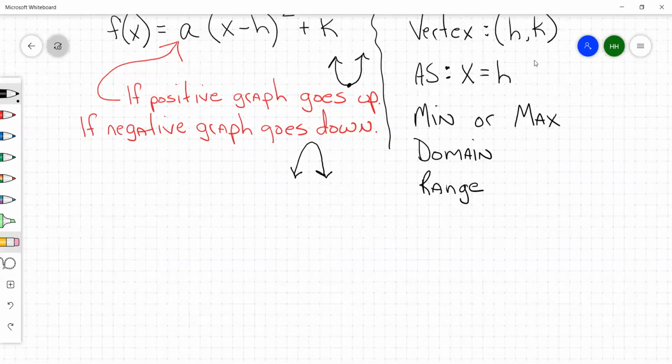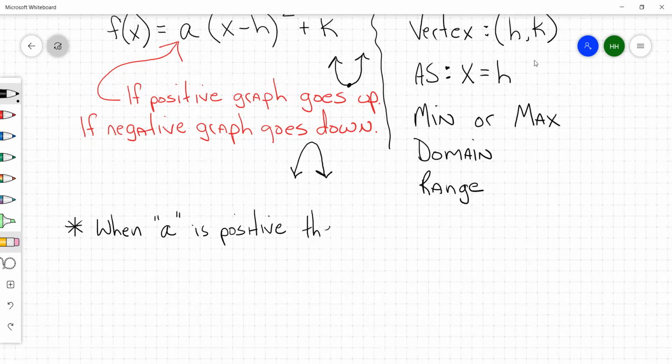Let's write this down. When a is positive, the function has a minimum value.